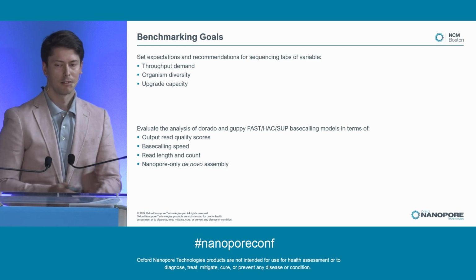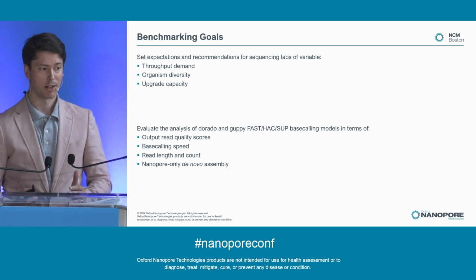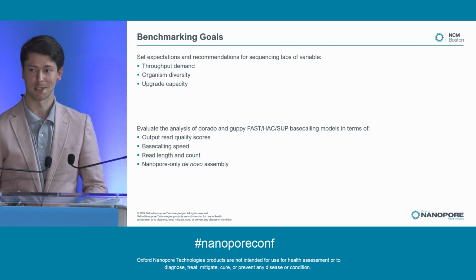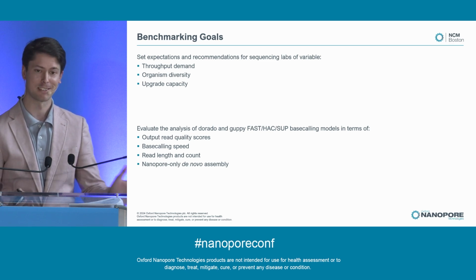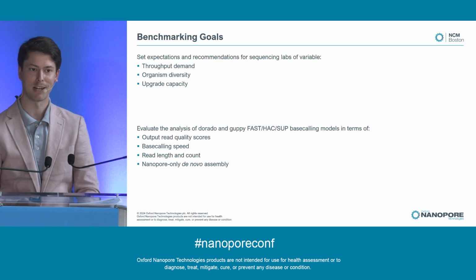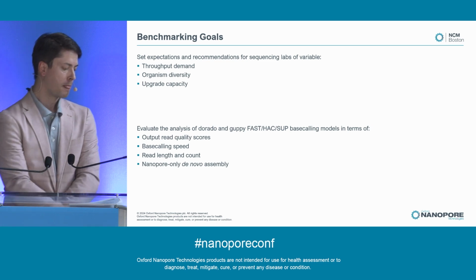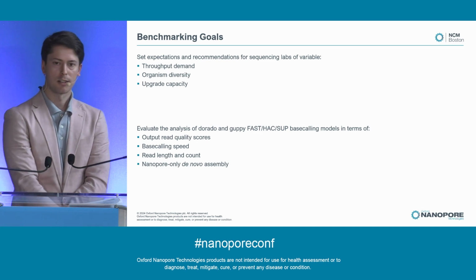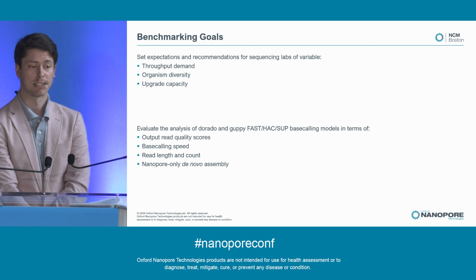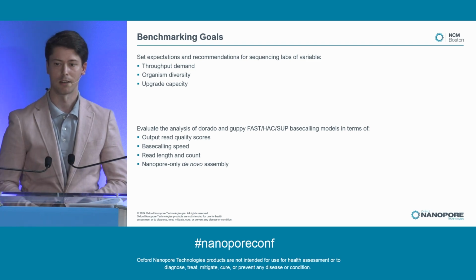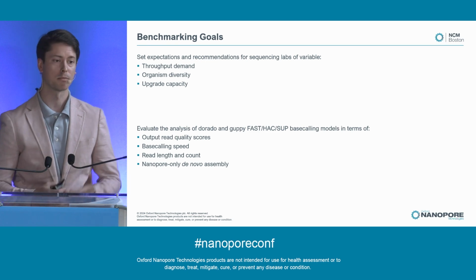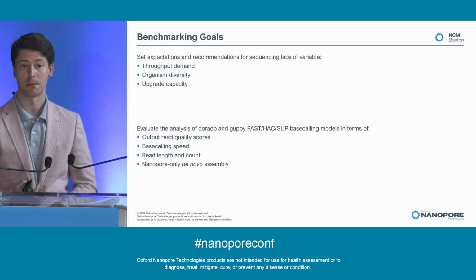And like I said about the difficulty of performing an upgrade, we need to just see if changing software is easy, right? Anyone who's tried to install something from GitHub, you may find sometimes it's a simple install, sometimes it takes you 3 hours. So that's what we're going to look at, and we're going to start by doing some simple statistical analysis, and that is to say talking about read quality scores, lengths, base calling speeds, but we're going to take it to the next step and talk about the assemblies as well.